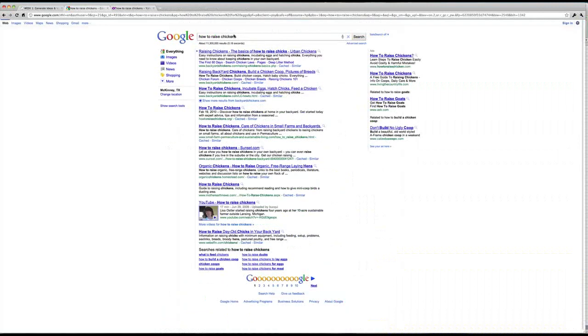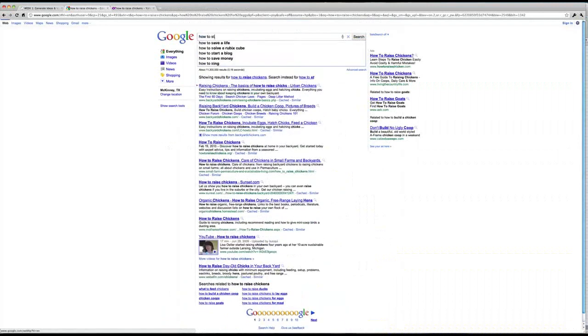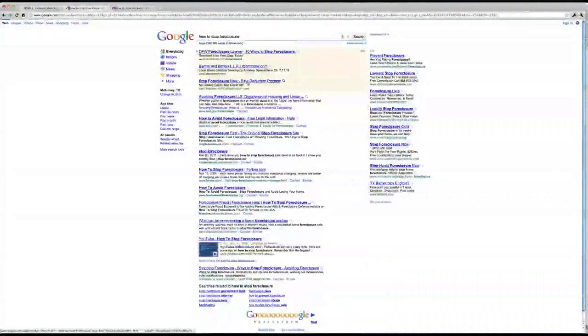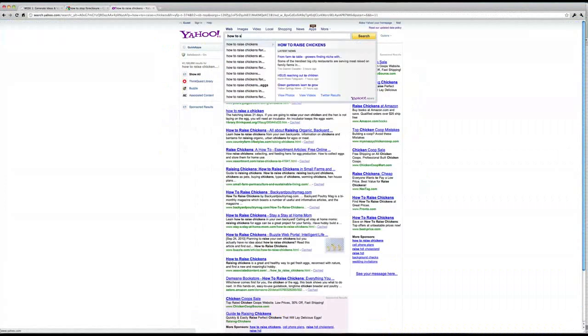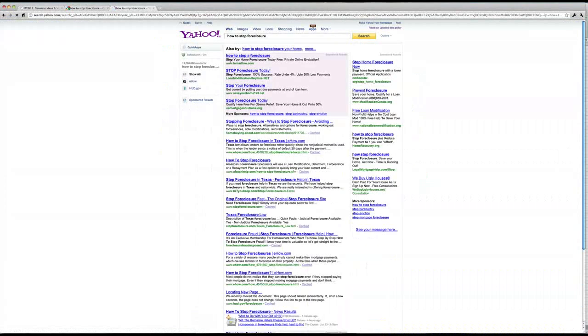And we'll come over here and type how to stop foreclosure. All right. There's definitely ads here. That tells us something. Let's look over here. How to stop foreclosure. Yep. Ads there too. Now the question becomes what's actually being advertised.